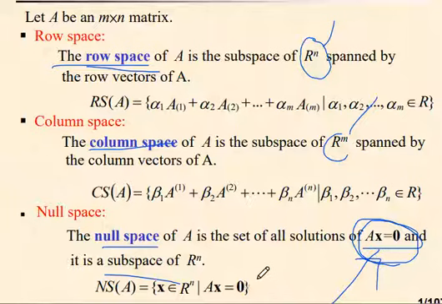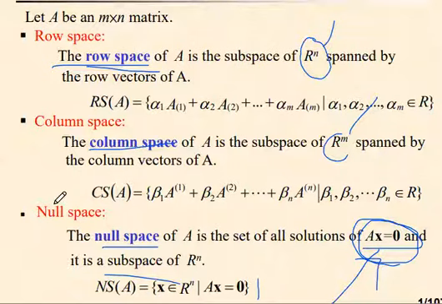Here, it is the set of all solutions x in R^n such that x satisfies this equation. So the set of all solutions to this homogeneous system is called the null space.